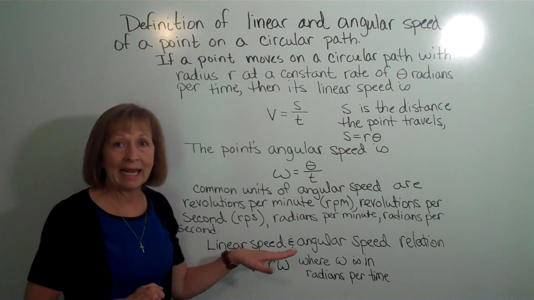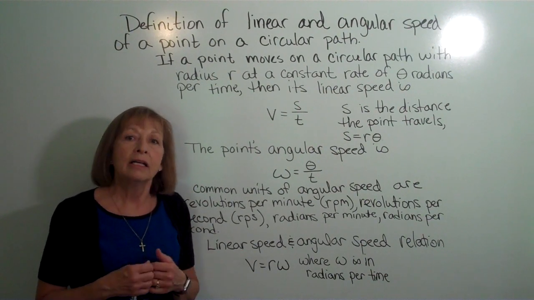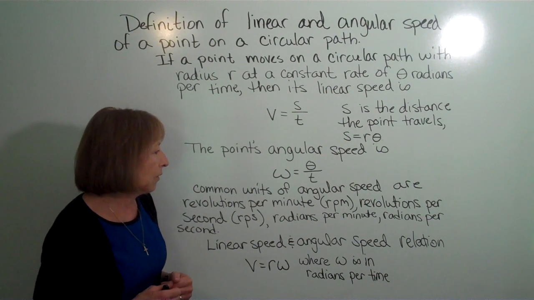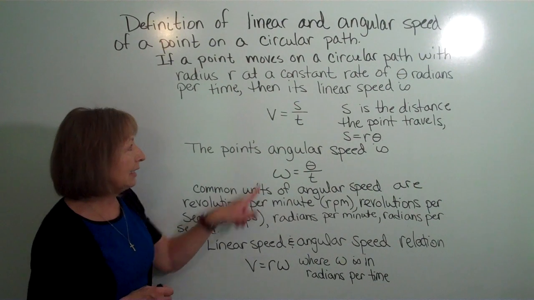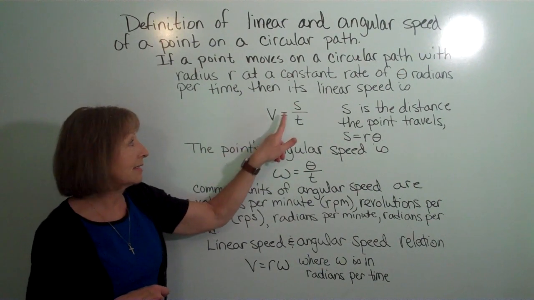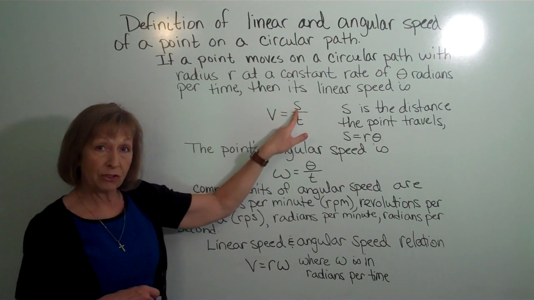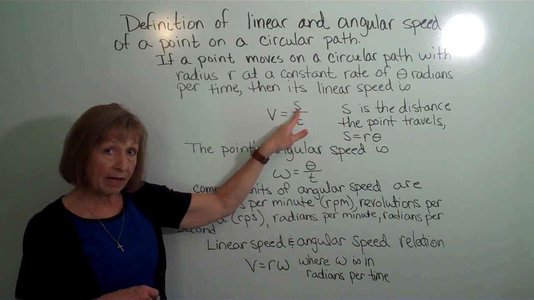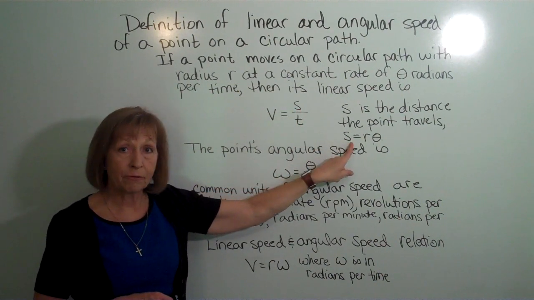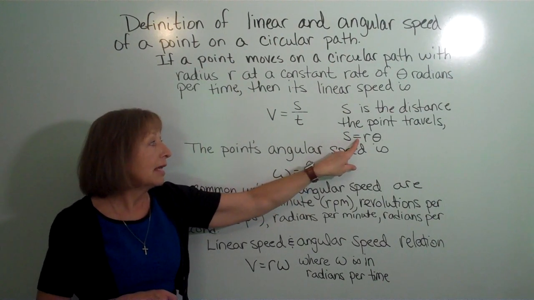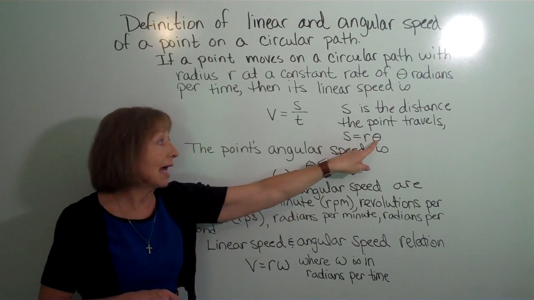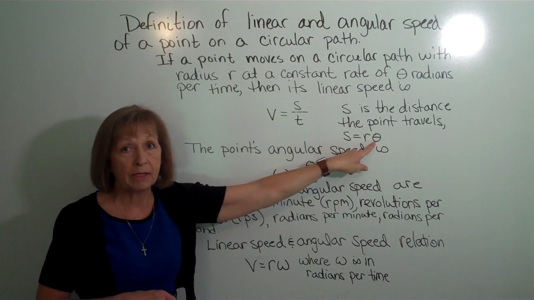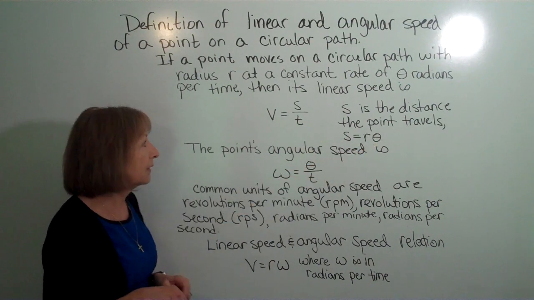Now, linear speed and angular speed have a connection between them. So if I look at my linear speed, it is the distance the point travels per time, but the distance the point travels is, from that formula, equal to the radius times that central angle measured in radians.